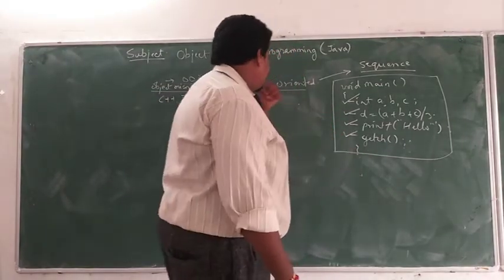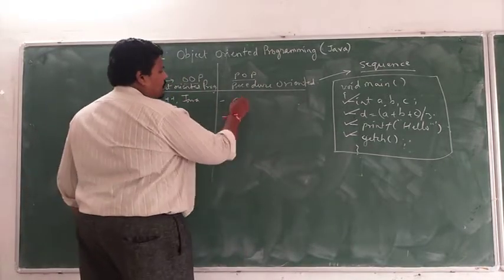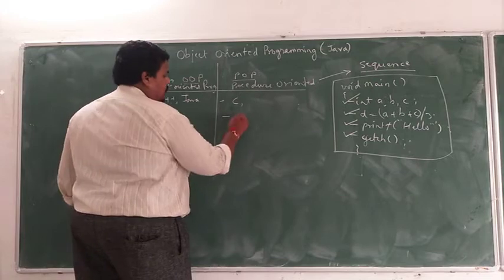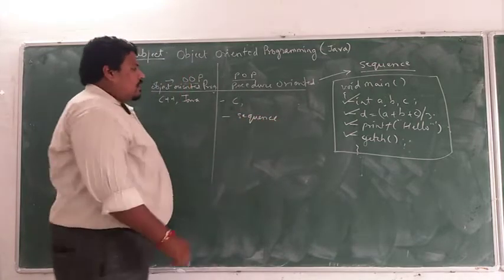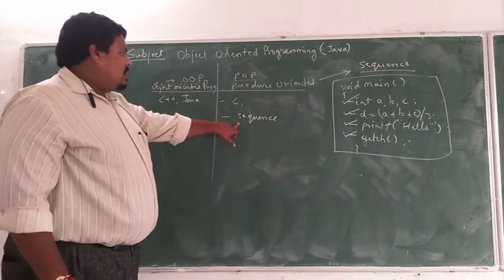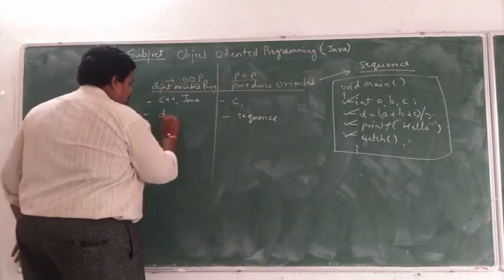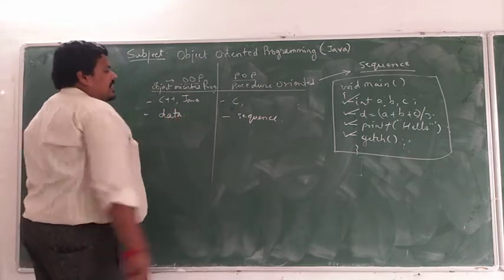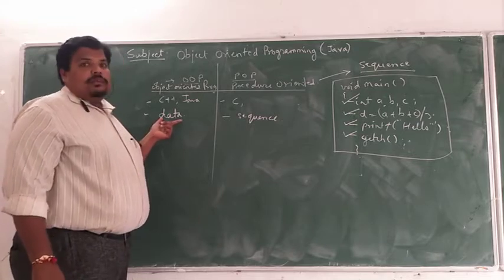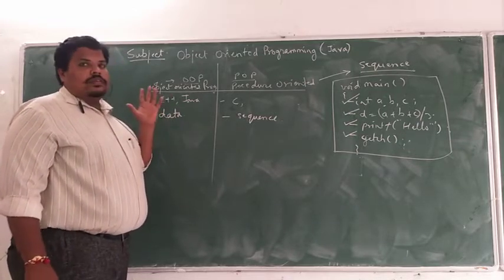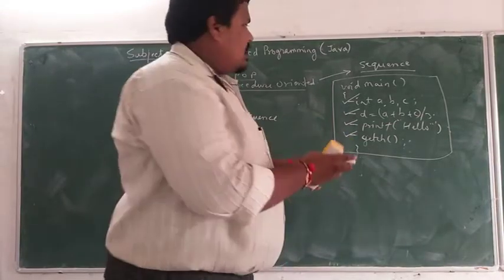In procedure-oriented programming, the most important concept is the sequence of instructions, and depending on the sequence, the execution is carried out. Here, what is important is the data; the execution depends on the data. Now how can we say that data is important?